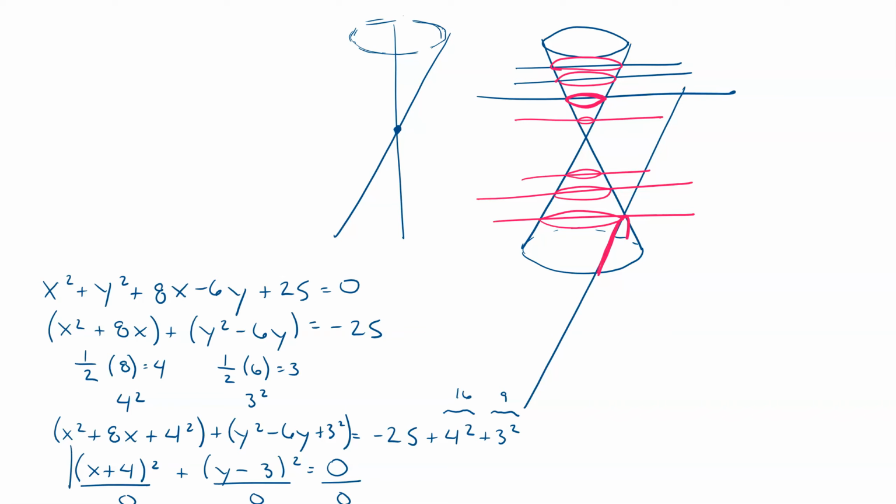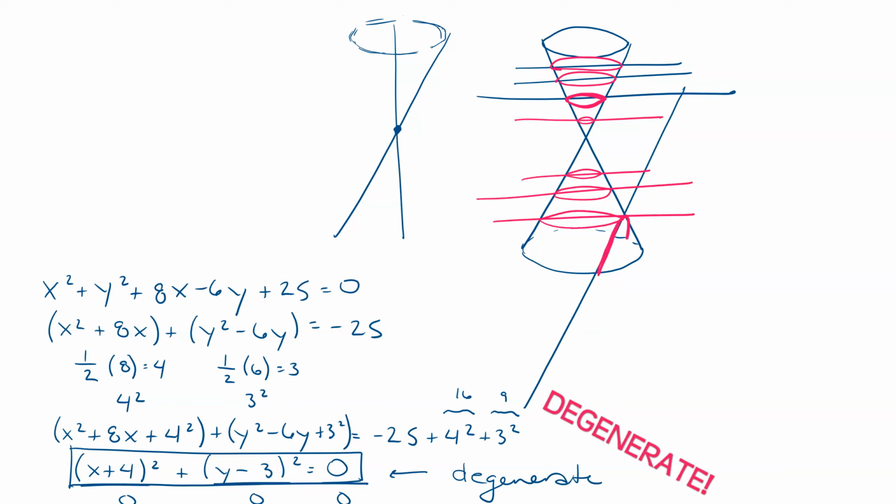What we have here is what's called a degenerate circle. It's a good circle gone bad. And the basic idea is that we are chopping our cone directly through the center, and we're ending with a single point.